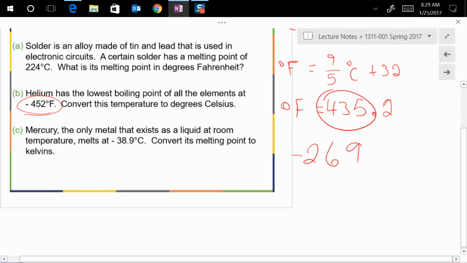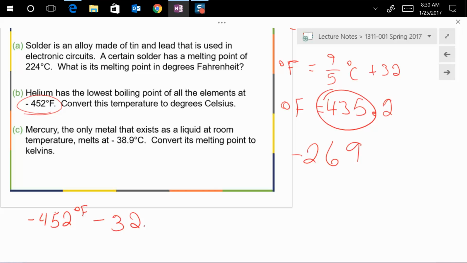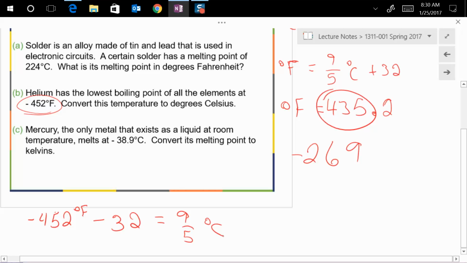First we take negative 452 degrees Fahrenheit, and we would subtract 32 from it. Is that the first step? You guys are good with that? And that would equal 9/5 degrees Celsius.